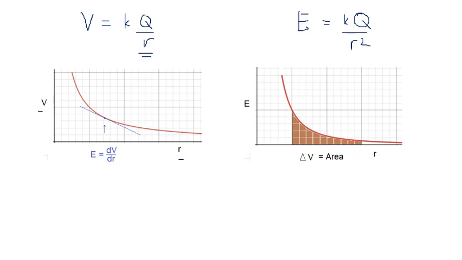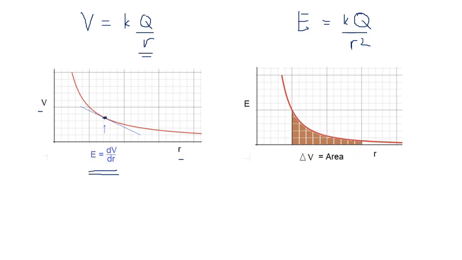And you can see the shapes of the graphs. E goes down a lot quicker. Now, my field strength is the gradient, the slope, the potential gradient. At that point there, the slope of the graph tells me the field strength.